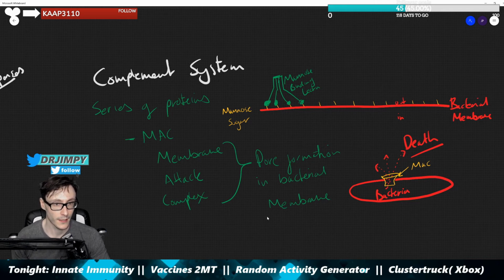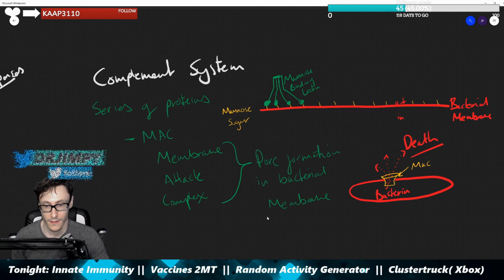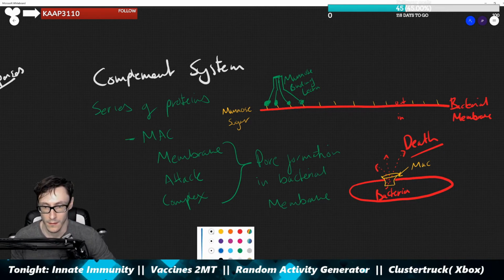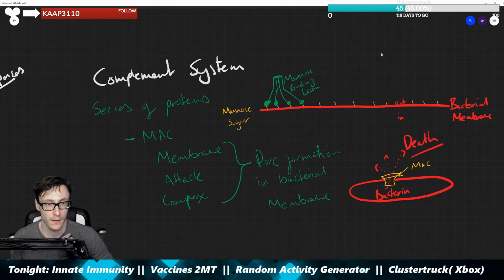You can also get complement activating via the binding of an antibody. So let's draw an antibody, a bit thicker.